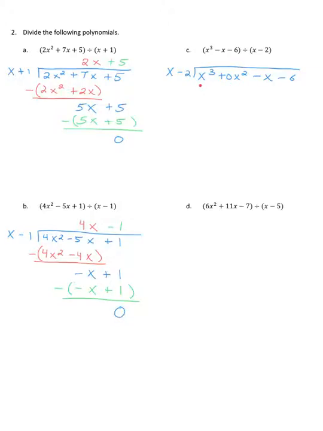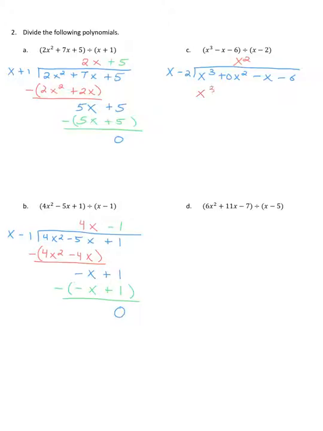Okay, so step 1 is the same. I want to cancel x cubed by multiplying x by something, and that thing is going to be x squared. So it's actually a good thing that I placed this here because I'm going to put the x squared above it. And then I multiply this x squared to the x, which gives me my x cubed. But then I have x squared times negative 2, which gives me negative 2x squared.